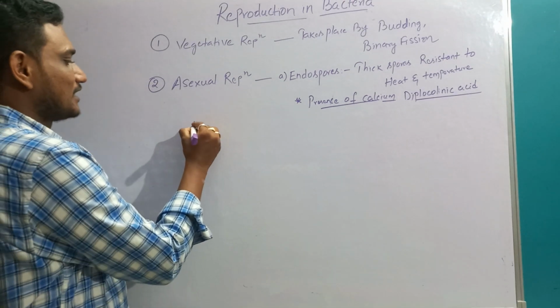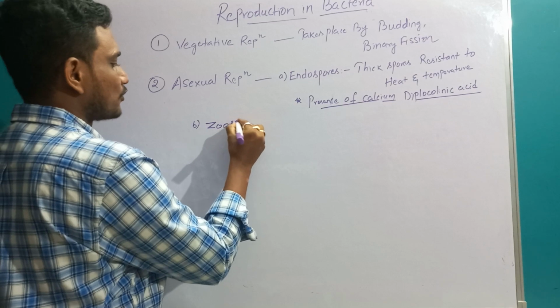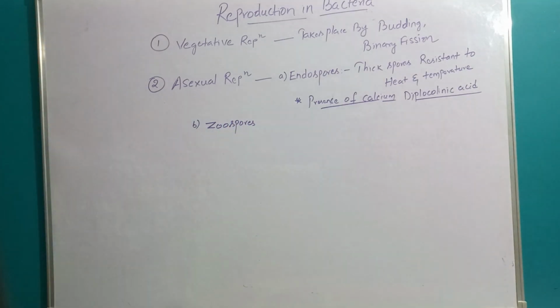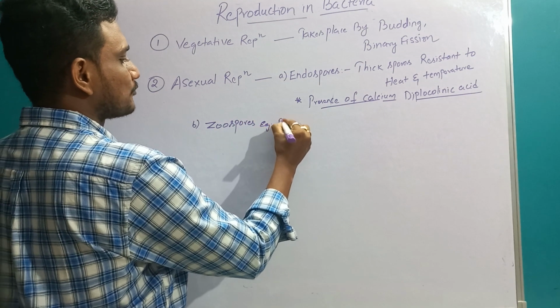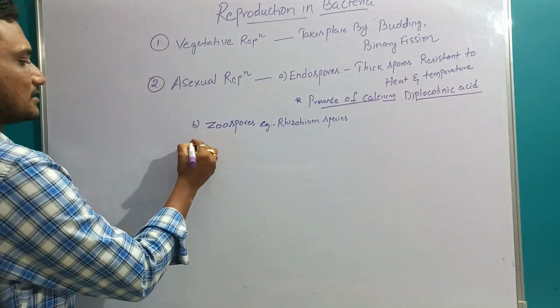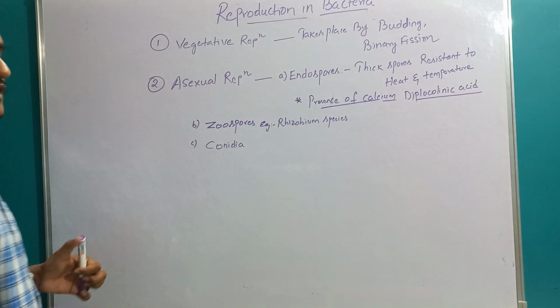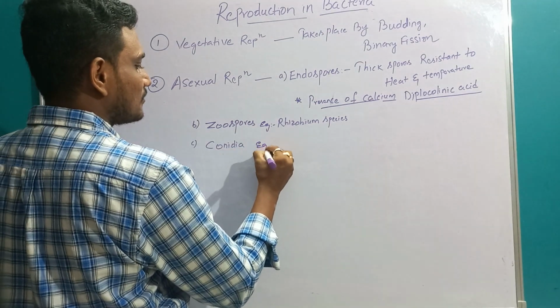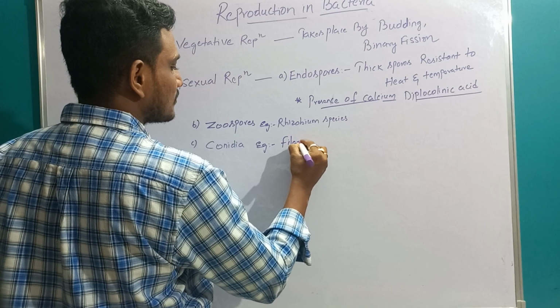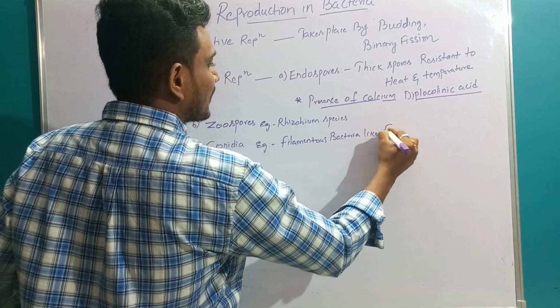Next, second one is by zoospores. Asexual reproduction takes place by the formation of zoospores, example Rhizobium species, and asexual reproduction also takes place by the formation of conidia, example filamentous bacteria like Frankia.